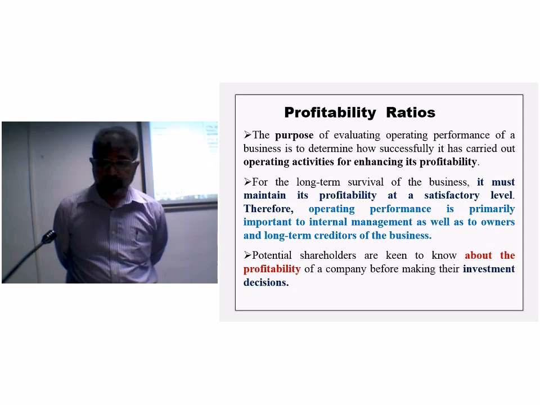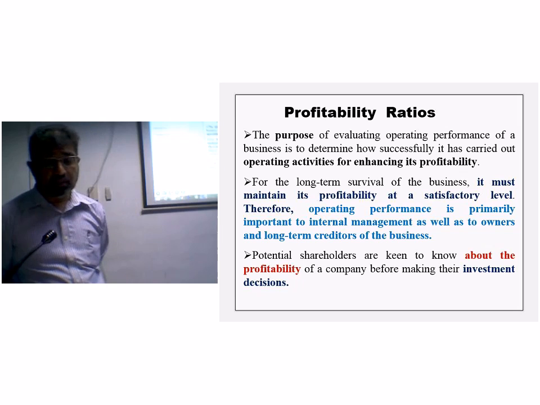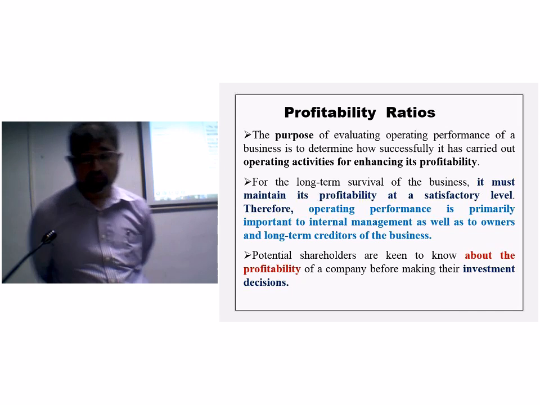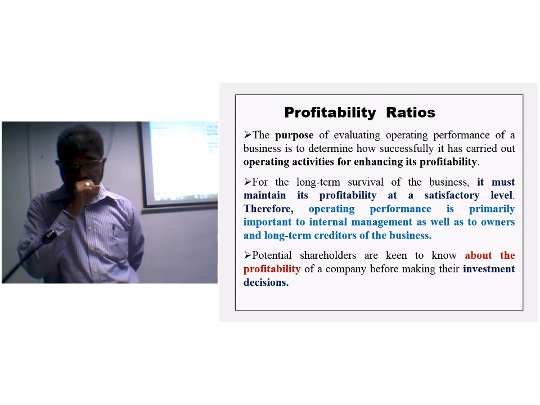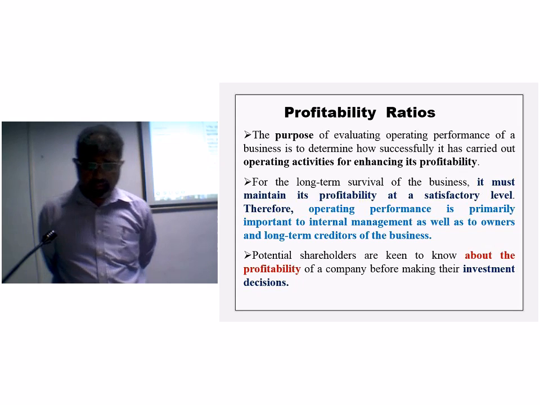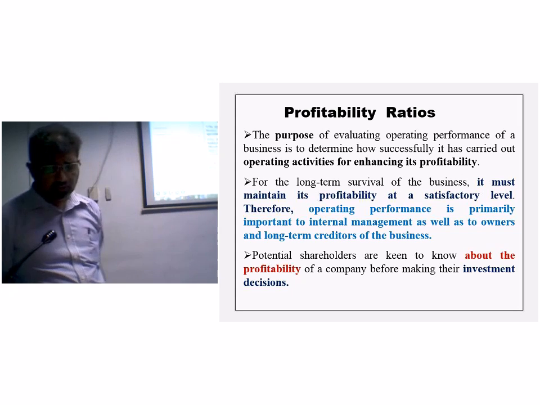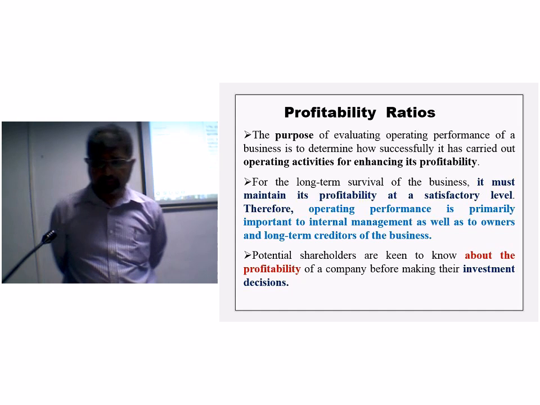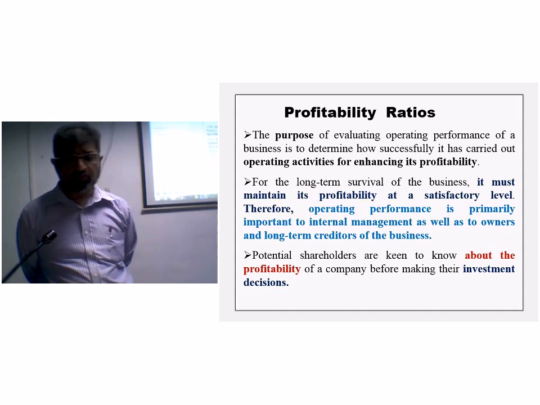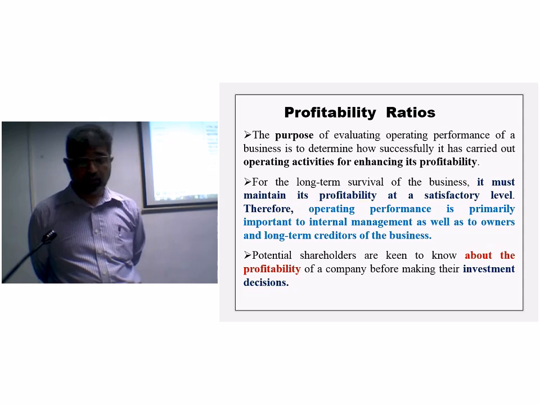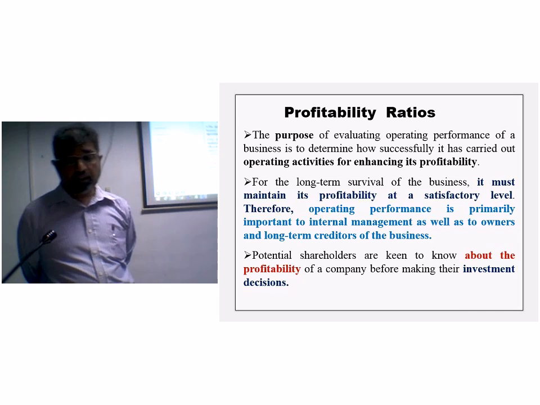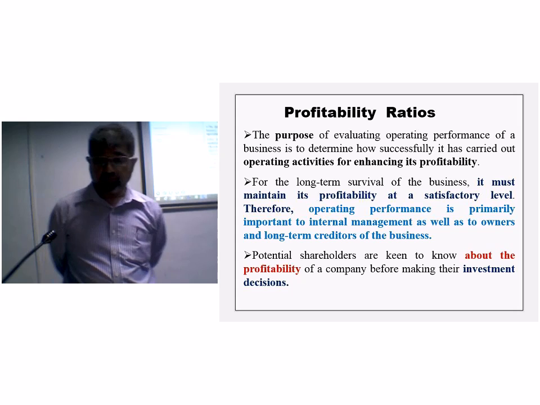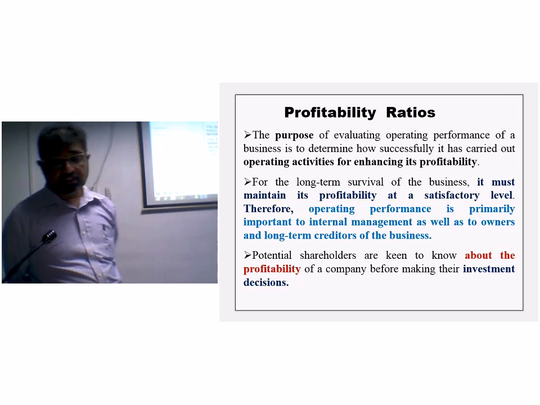Then you can see the definitions regarding the profitability ratio. The purpose of evaluating the operating performance of a business is to determine how successfully it has carried out operating activities for enhancing its profitability. For the long-term survival of a business, it must maintain its profitability at a satisfactory level.